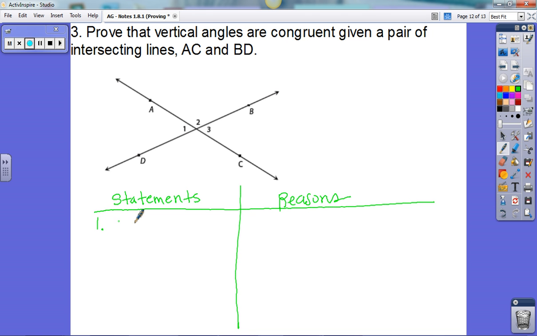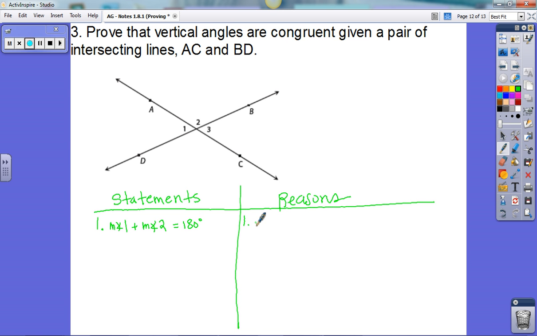The first thing that we are going to start with is we're going to say that angle 1 and angle 2 add up to 180 because we know that they form a straight line, and I can assume that they form a straight line. So the measure of angle 1 and the measure of angle 2 has to equal 180 degrees.